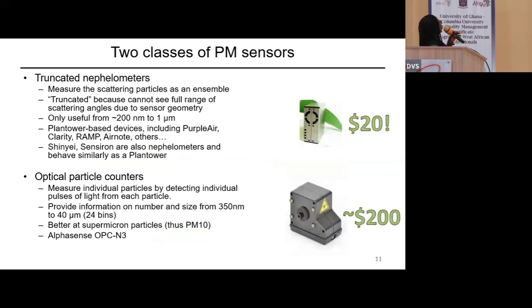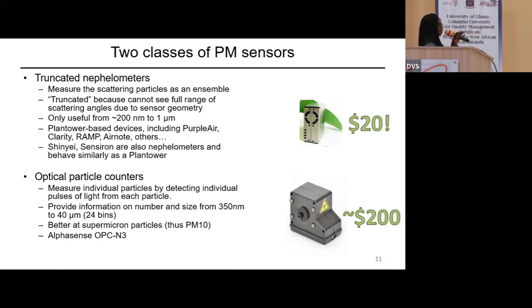There are 2 classes of PM sensors: the truncated nephelometers and the optical particle counters. The first one measures the scattering of particles as an ensemble, not focusing on a particular particle. It captures the scattering from a group of particles.